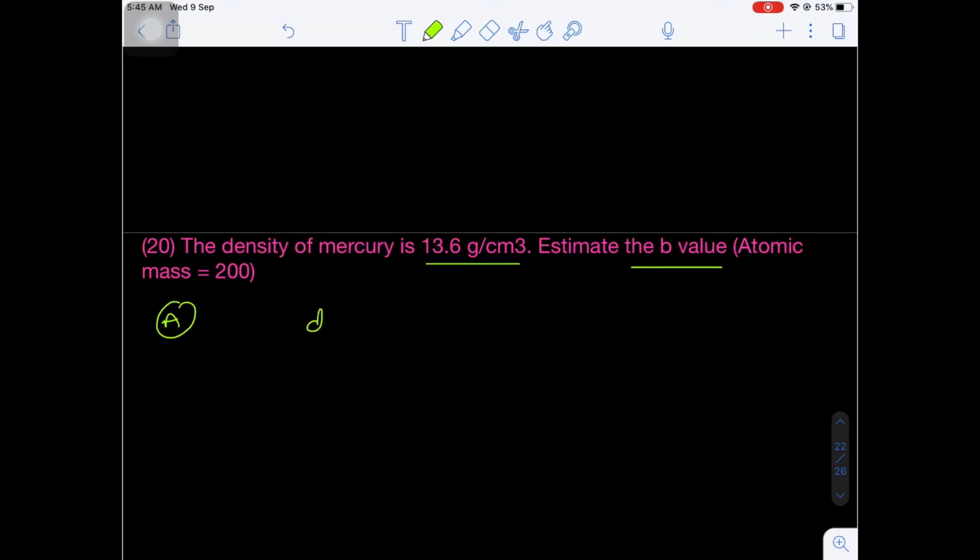Do you know what density is? Mass upon volume. Molar mass upon molar volume also we can take. So from here volume is equal to mass upon density. Now here I am using the atomic mass 200 divided by the density 13.6 gram per centimeter cube. So overall you will get cubic centimeter.